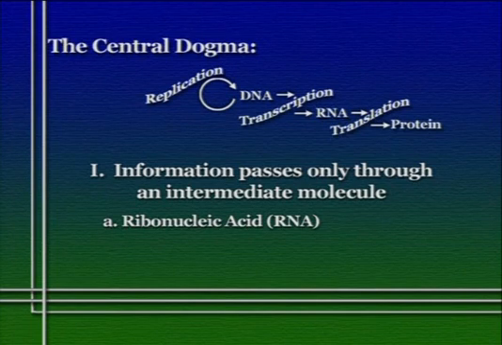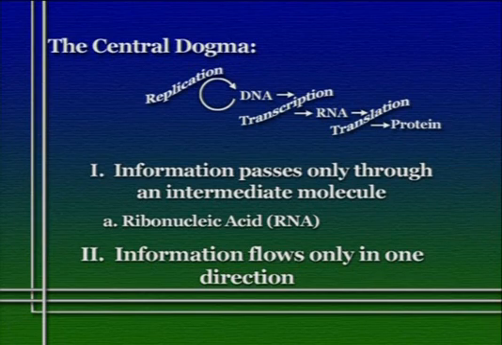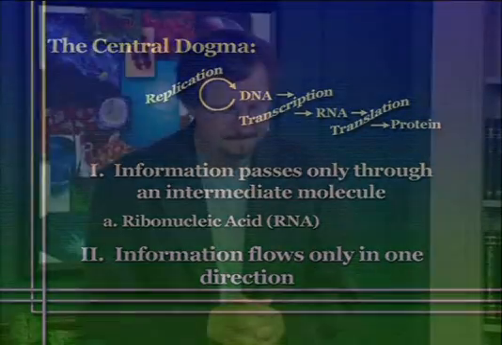The second point embodied in the Central Dogma is that information flows only in one direction, from DNA to RNA to proteins, and never back in the other direction. Crick put it this way, and I'm quoting him here: "Once information has passed into protein, it can't get out again."